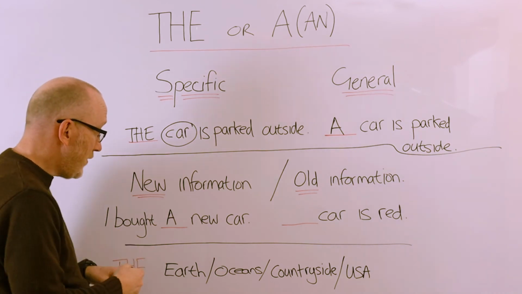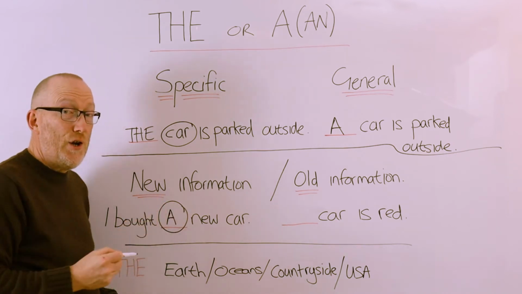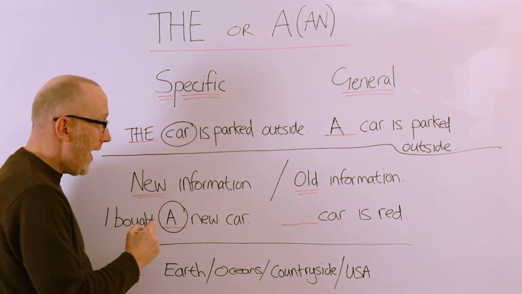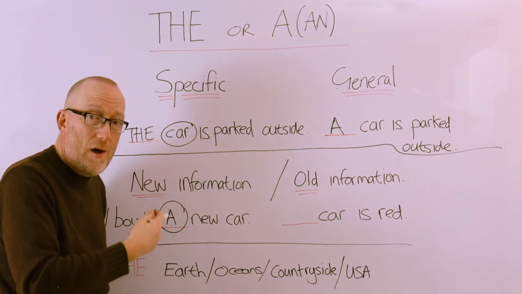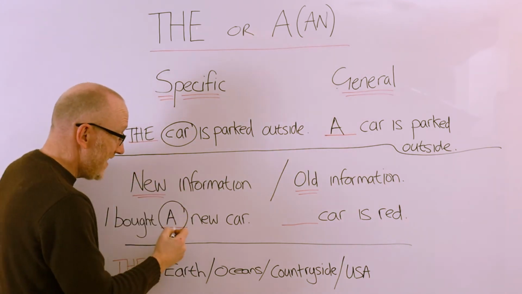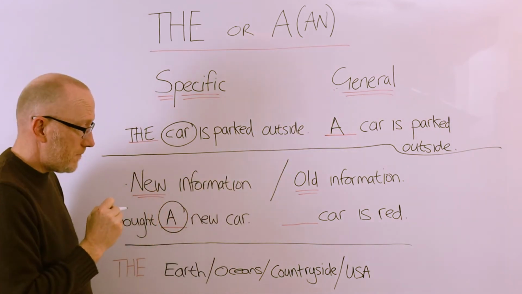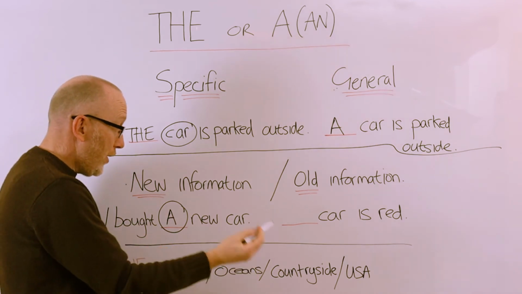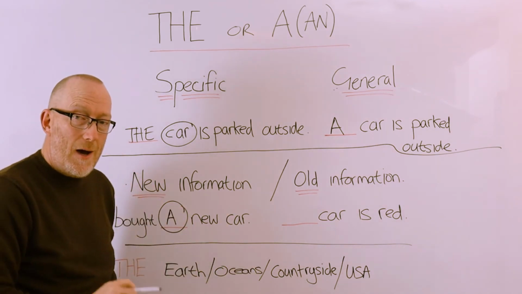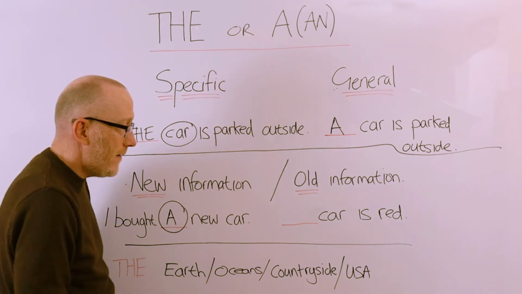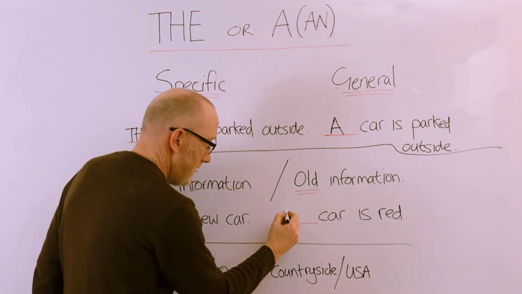Now I've introduced you to the fact that I have bought a new car, new information, and it's also general as well because I haven't told you what colour, type or make of car. I've just told you it is a new car. So it's general and also new information. Now you know I have a new car and I want to tell you that the car that I have just bought is red.